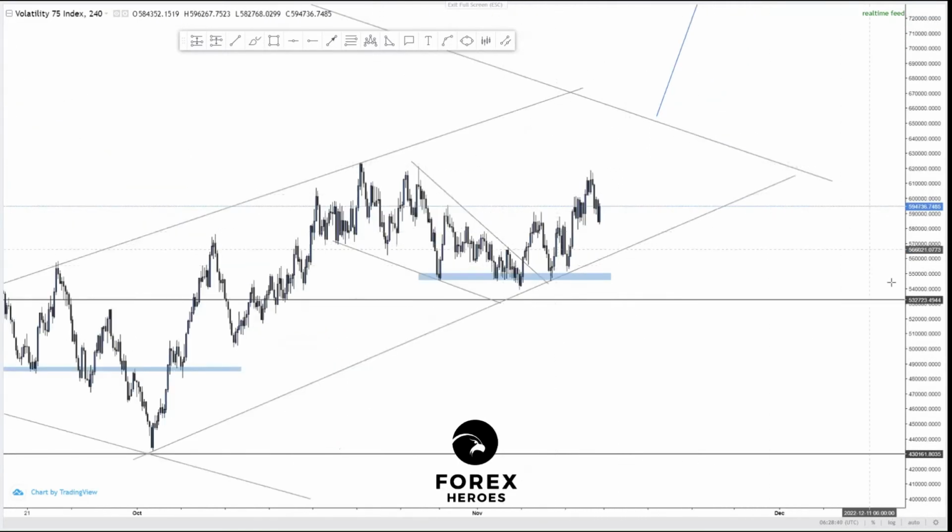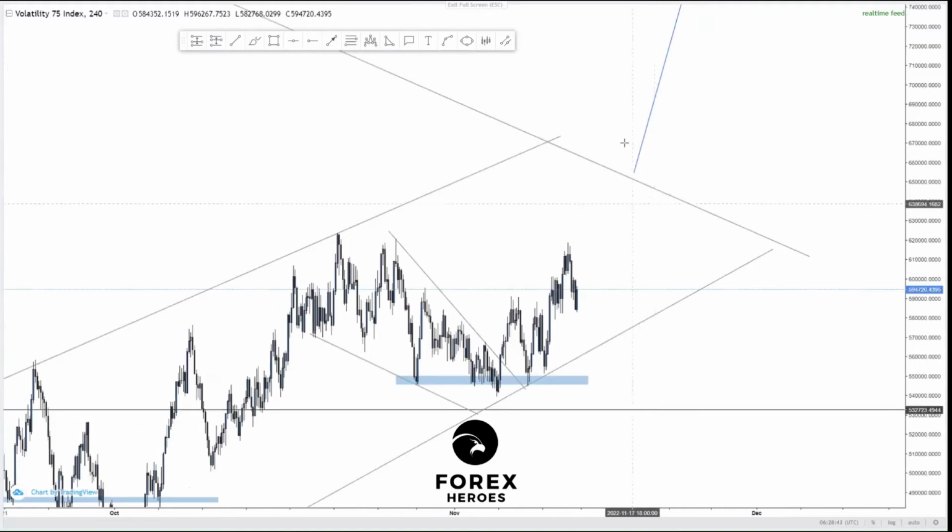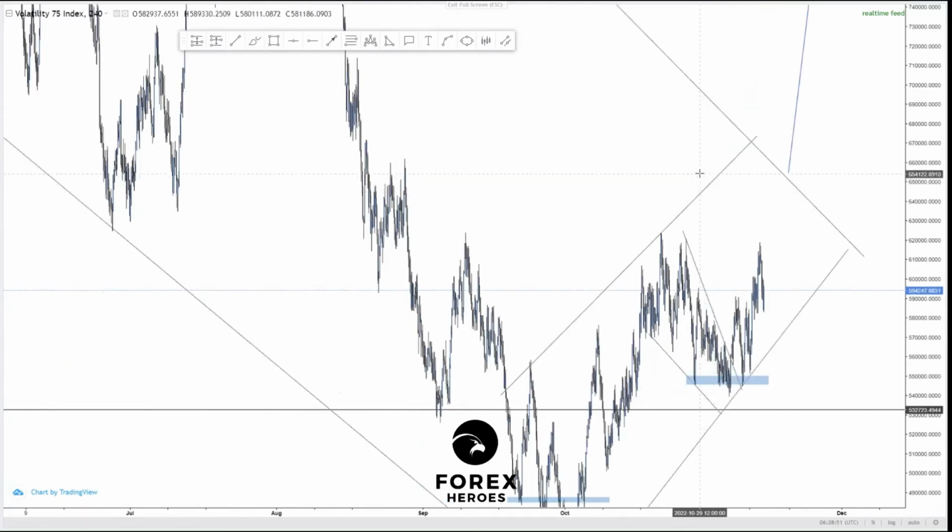Get what is currently happening here. We expect the market to come back. You see here it came in the form of a correction. Expect the market to come around this point.